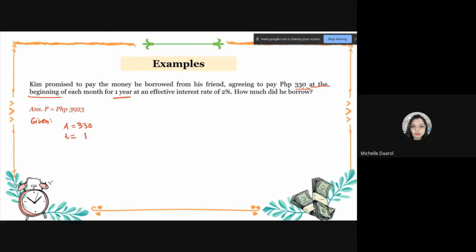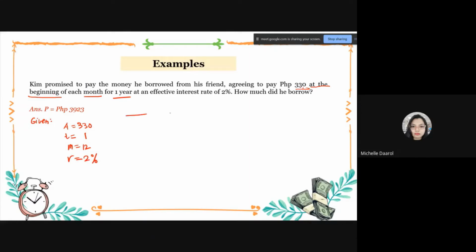And it says here that at the beginning of each month. So it means to say that he has to pay every month. So therefore, the interest pala is compounded monthly. So M is 12. Now, the rate is 2%. So how much did he borrow?